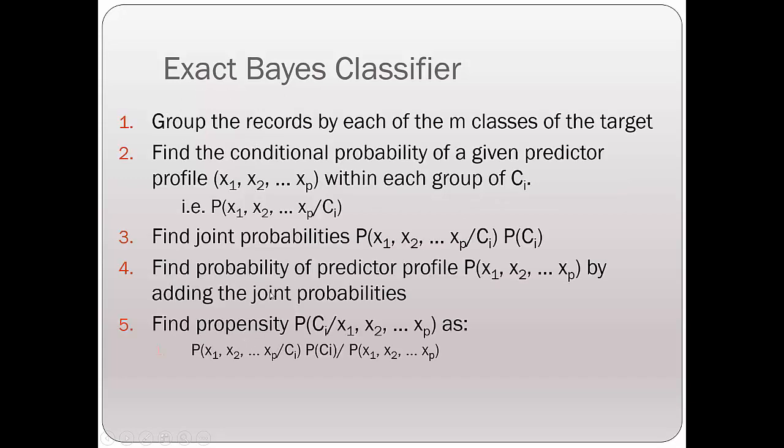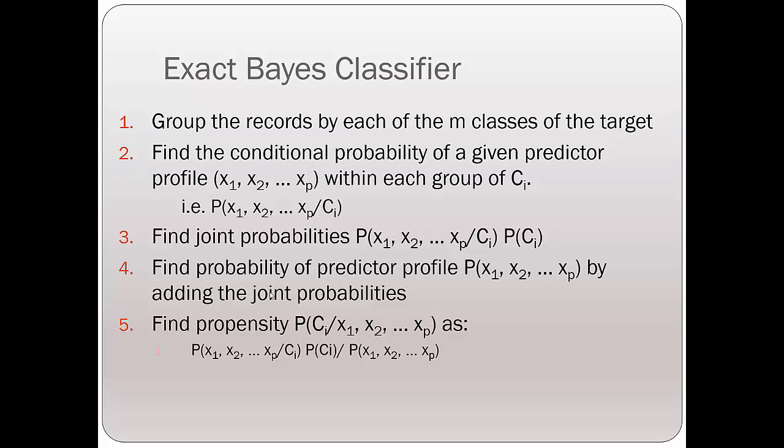So here is a step-by-step procedure for applying an exact Bayes classifier. Group the records into each of the m classes, and then you find the prior probabilities of each of those. Okay, I should have included that too.